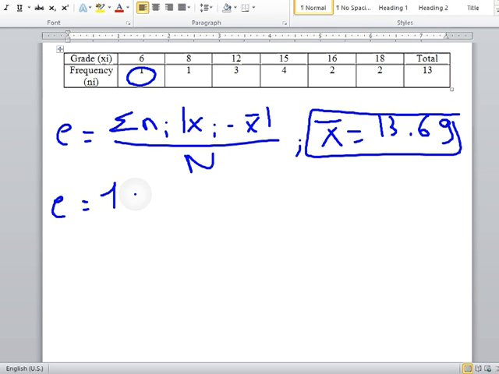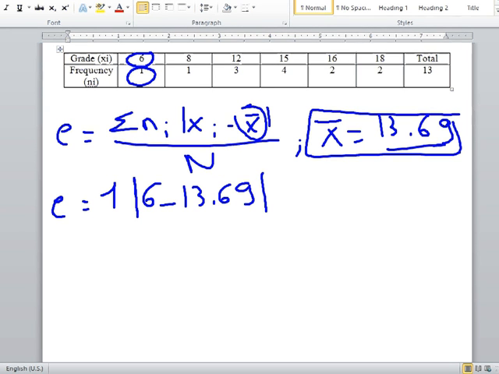So 1 times the absolute value of xi, so it's xi 6 minus the mean x bar. X bar is 13.69. Okay, plus, because you have to add them up, summation.